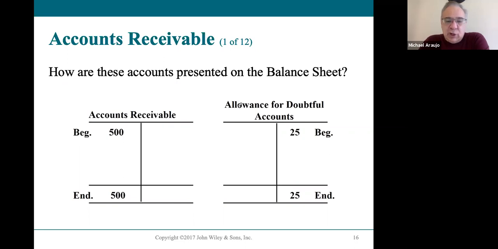Here, allowance for doubtful accounts comes right after the accounts receivable to show how much of their receivable they do not think they're going to collect. They have allowed as bad debt. That's basically what they're doing here.